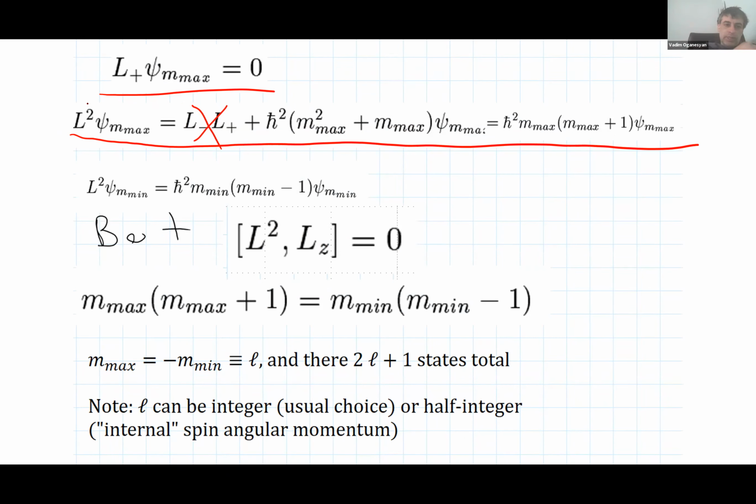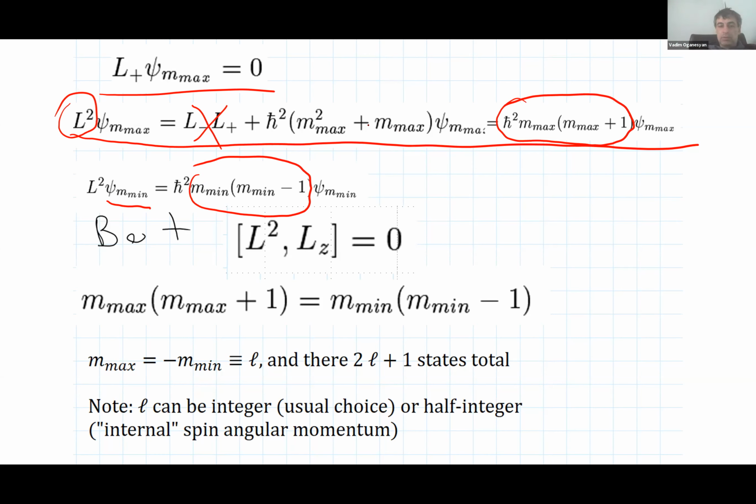And so what you gain out of this is that L squared operating on this highest representation state is just h bar squared m max plus 1. You can repeat this trick on the minimum m min state, and everything is going to look the same, except m min is going to be something negative.